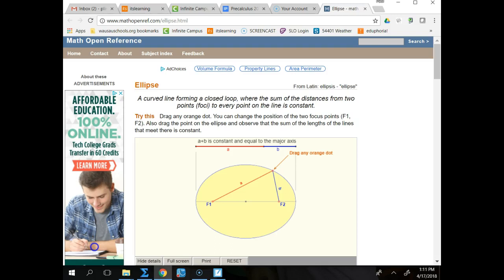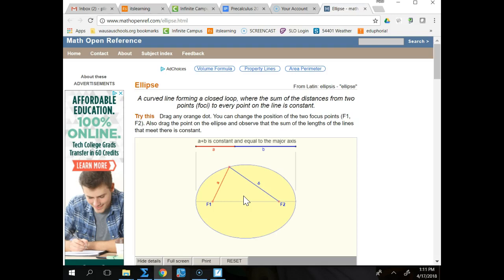On here, if I drag this point around, you'll see up on the top, right above it, red plus blue is always the same. No matter where I go on that ellipse, red plus blue is always the same. So that is what an ellipse is.